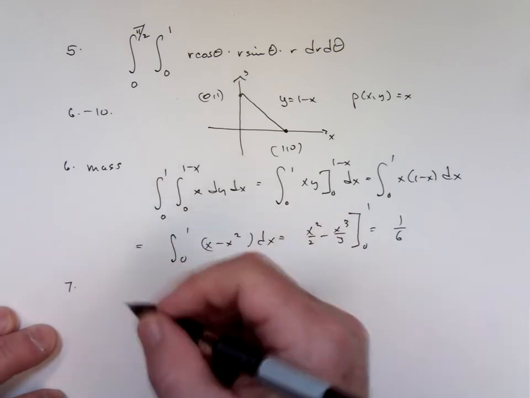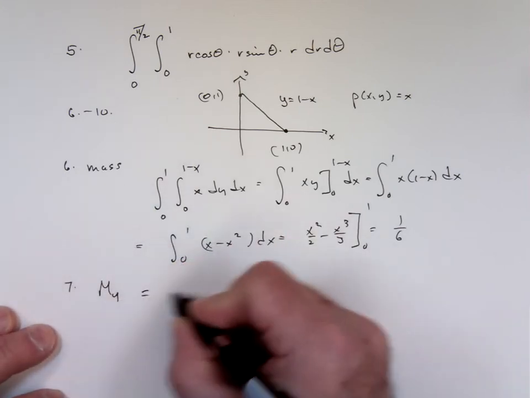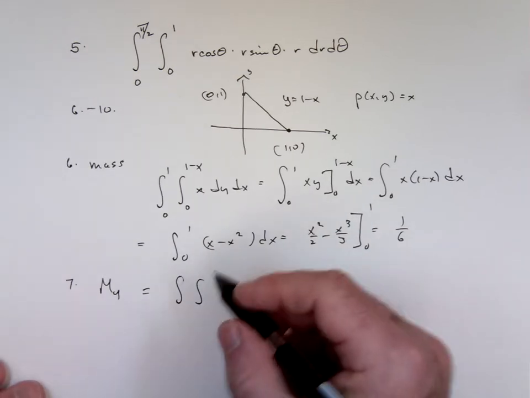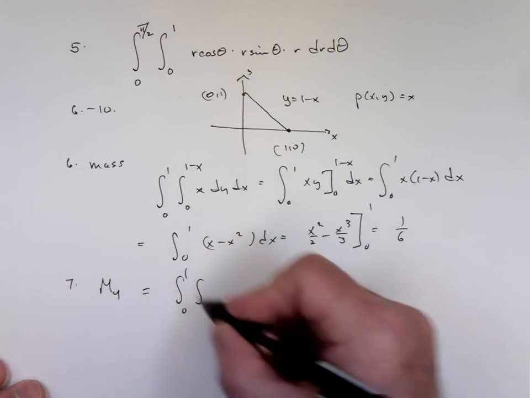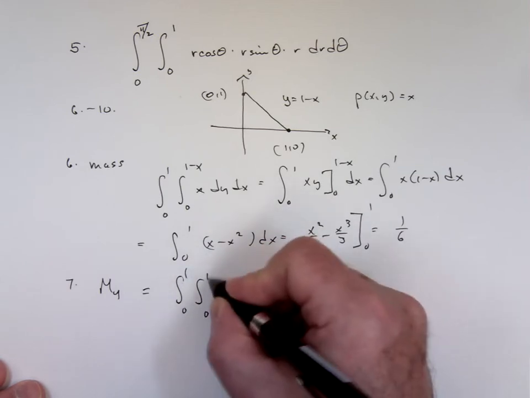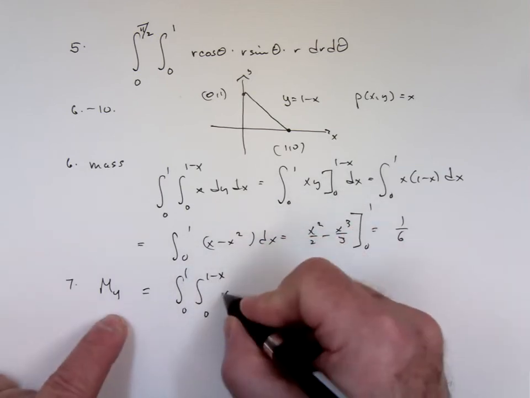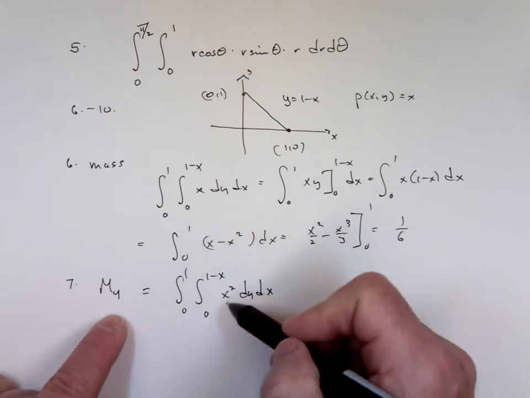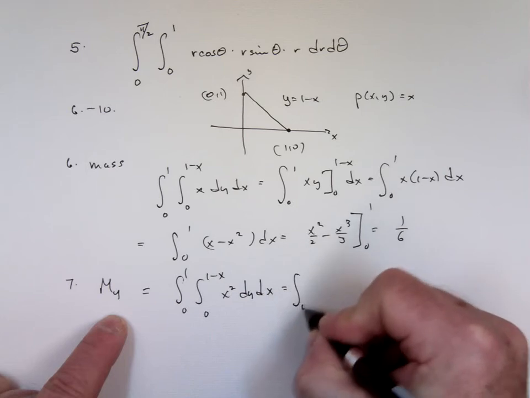Find the moment about the y-axis. Well, the moment about the y is the same integral, except now we need a distance. That distance is equal to x, so we get an x squared. Okay? X density function, x distance, x squared.